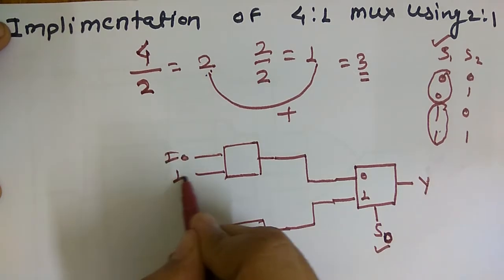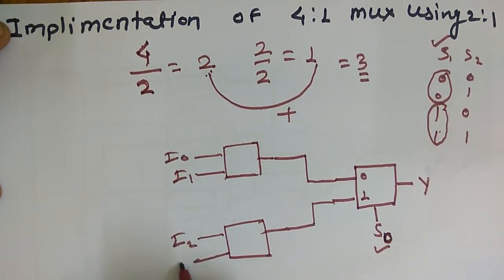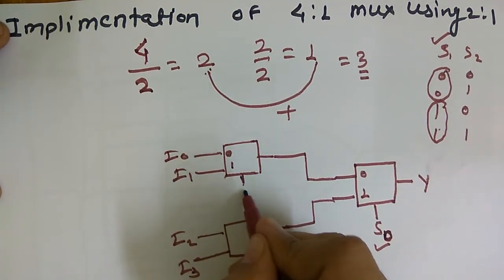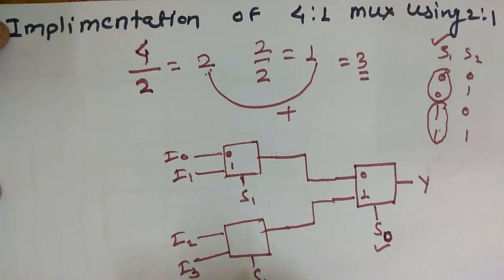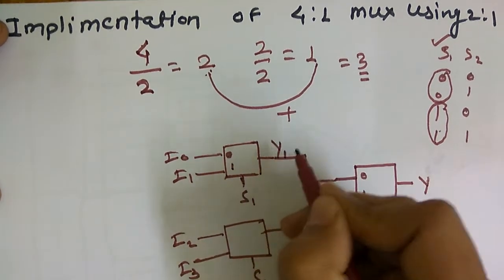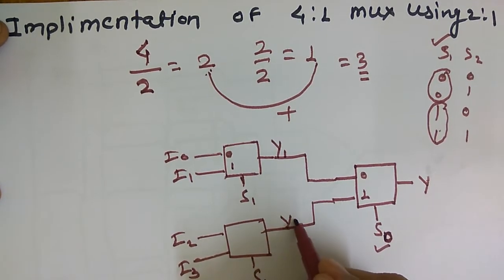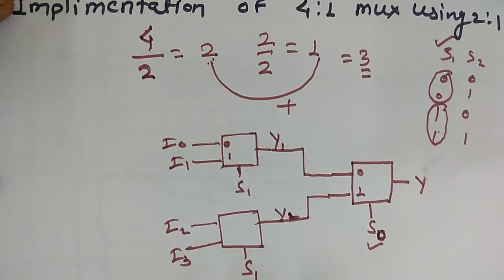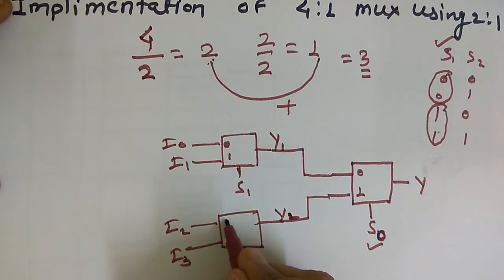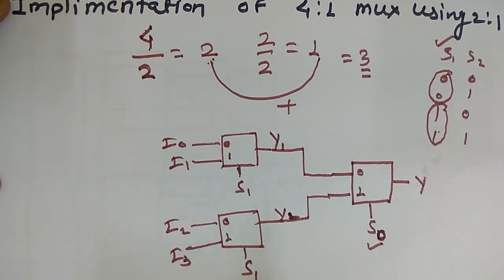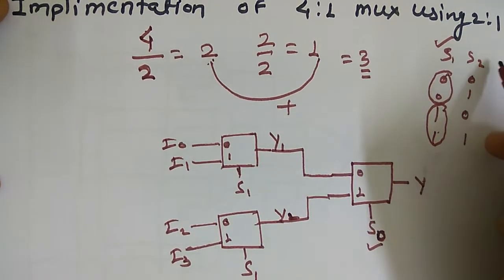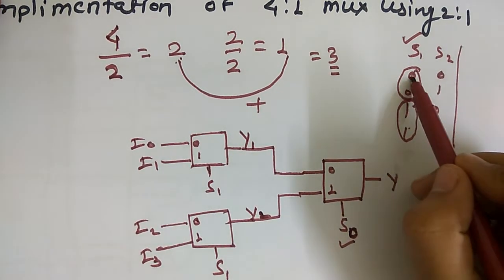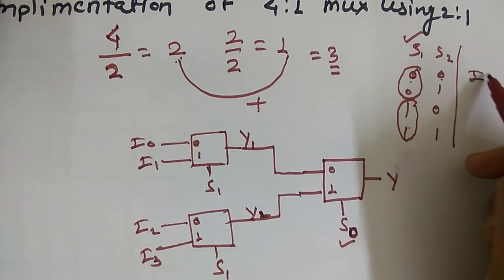This is I0, I1, I2, and I3. This is 0 1, this is S1, this is S1, so this is Y1, and this is Y2. So suppose we have made the circuit on the basis of what I have said. Suppose both are 0, then it should select I0.